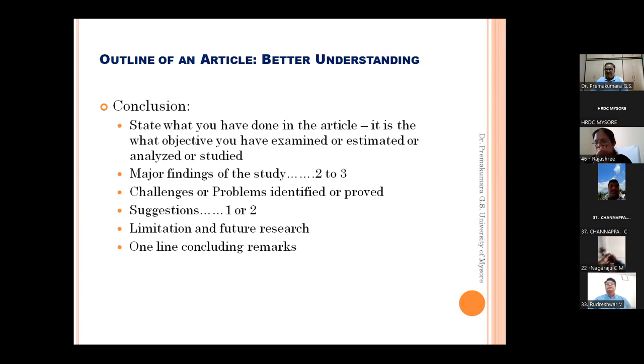And if you are generous, write about the limitations of your paper, and also write about the future research gaps or scope for researchers. And again, a one-line concluding remark. So except for the limitations and future research, your conclusion looks like your abstract.